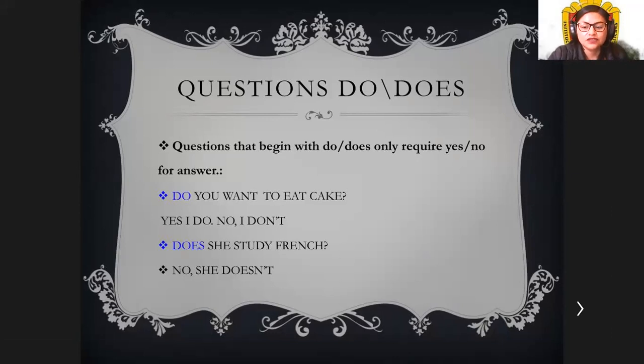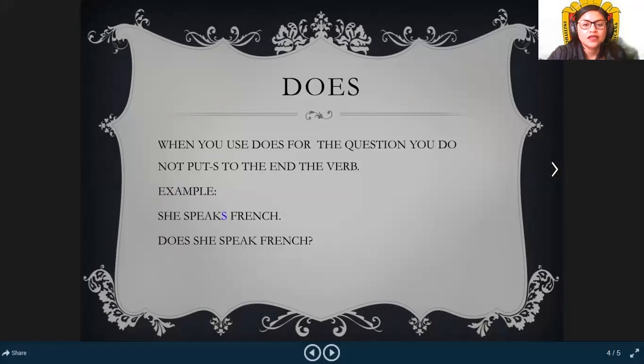Vamos a seguir analizando entonces. Does. When you use does for the question, you do not put s to the end of the verbs. ¿Por qué te está haciendo recordar esta regla? Porque nosotros en el presente simple agregábamos s a todos los que eran la tercera persona, ¿verdad? Pero en este caso, como es una pregunta, no se va a hacer lo mismo.